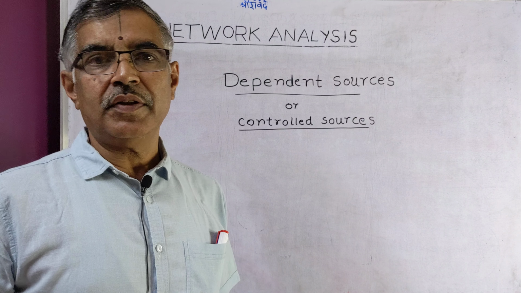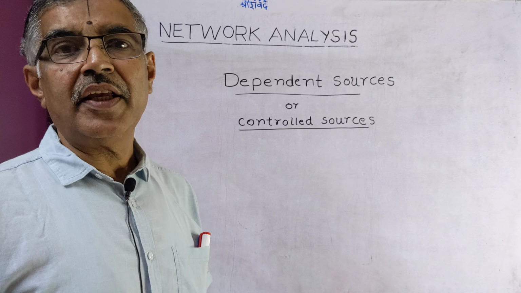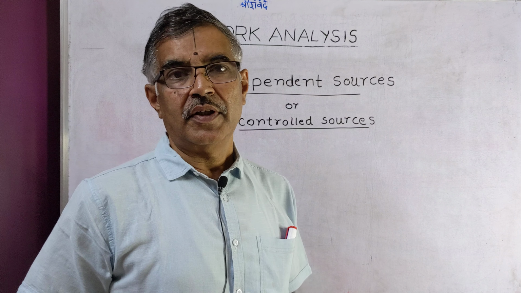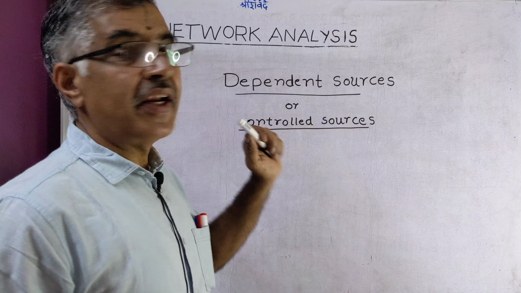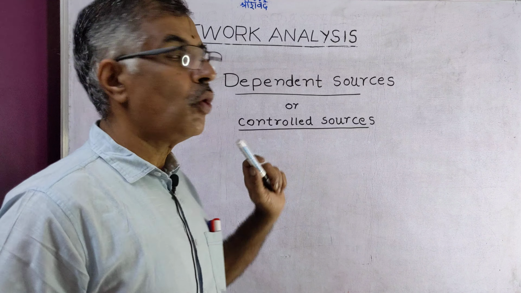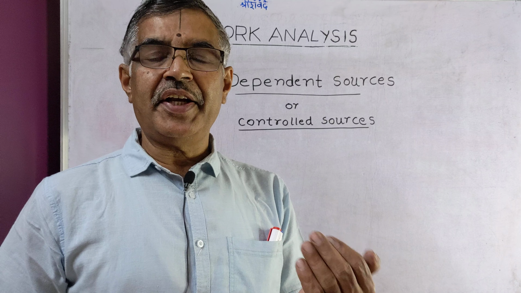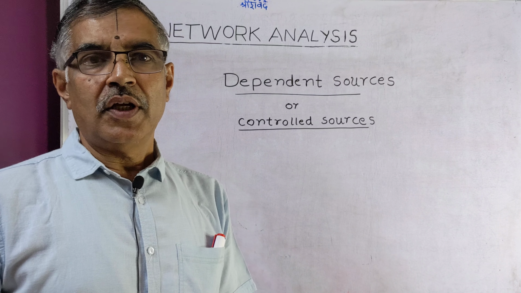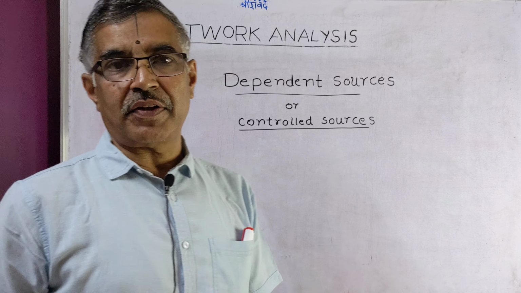To continue with sources of electrical energy, after understanding independent sources, next is dependent sources. Dependent sources are also called controlled sources. In the case of independent sources, the source quantity was not influenced by any factor.